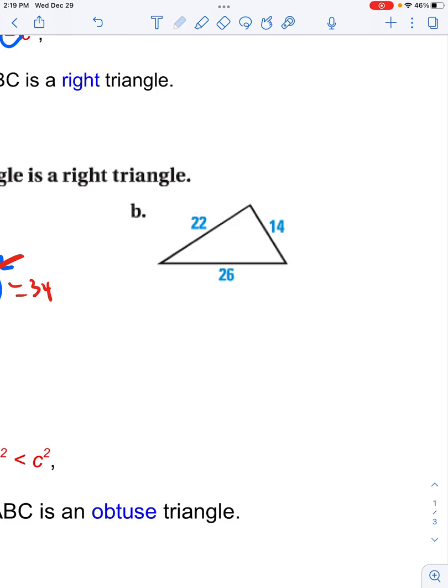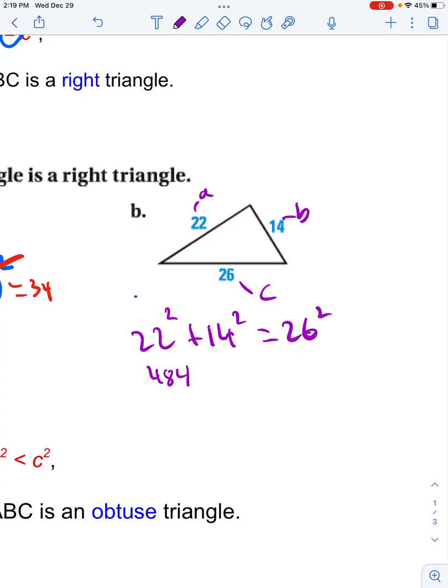If we try over here, again, my longest side is my hypotenuse. So I'm going to say my longest side is 26. Which ones I call A and B don't necessarily matter as long as I get C correct. 22 squared plus 14 squared equals 26 squared. 22 squared is 484. 14 squared is 196.